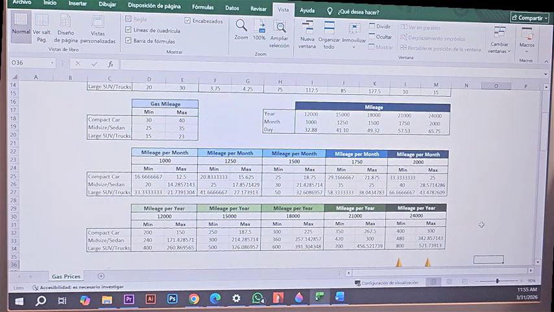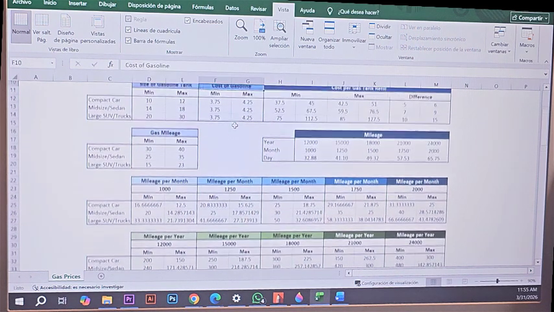if you were to take those mileages, per month. So for instance, we take 12,000 miles, we divide by 12 to get 1,000 miles per month. And you divide that amongst the mileage that each car has, we would get the amount of times the car would have to go to the gas station to completely fill up the car.